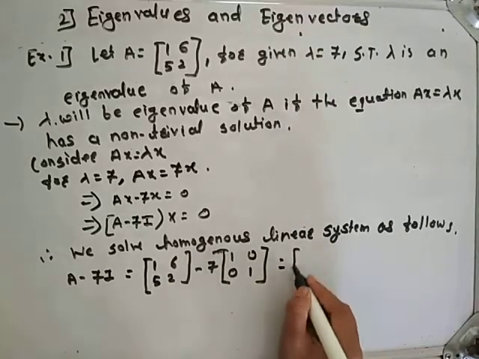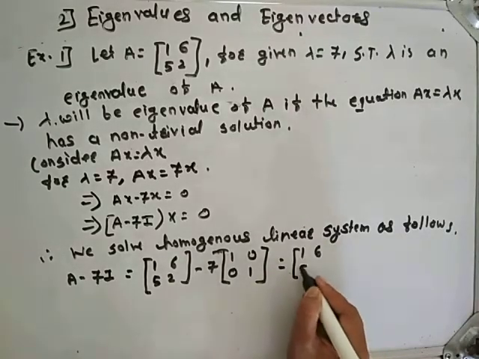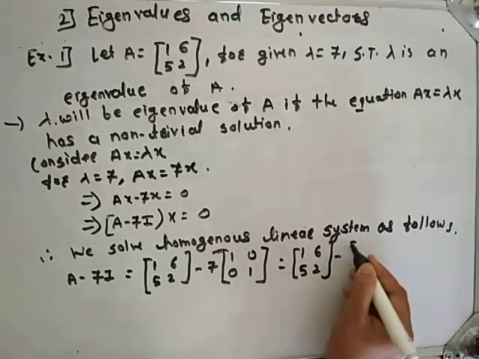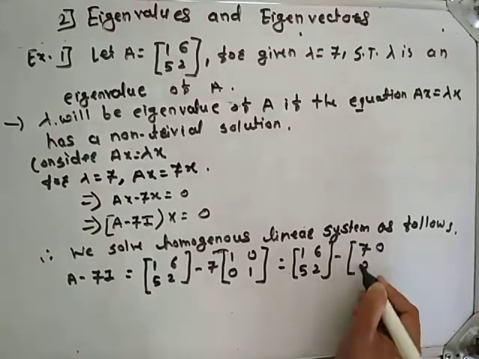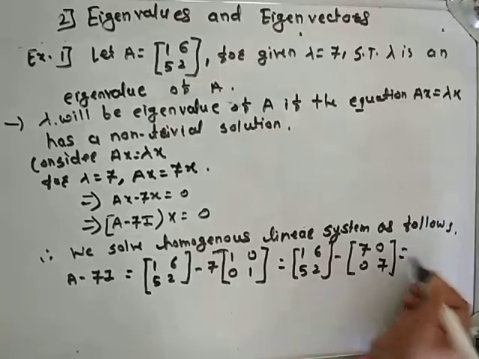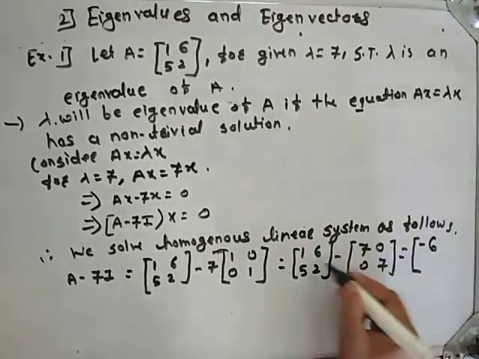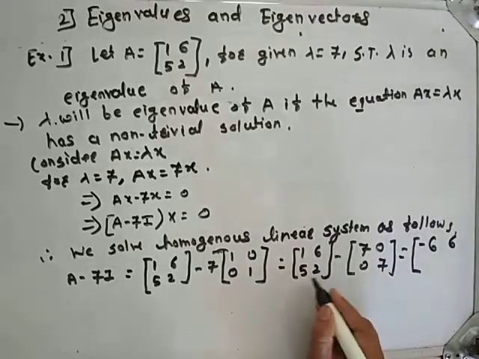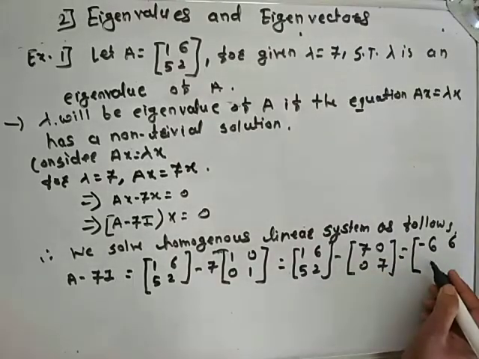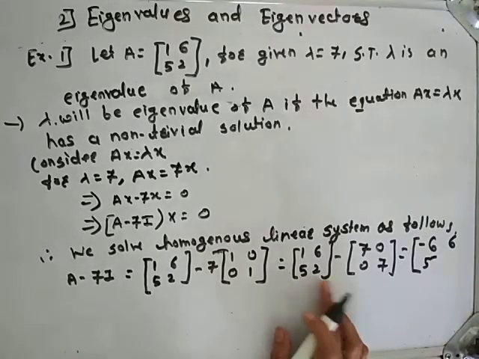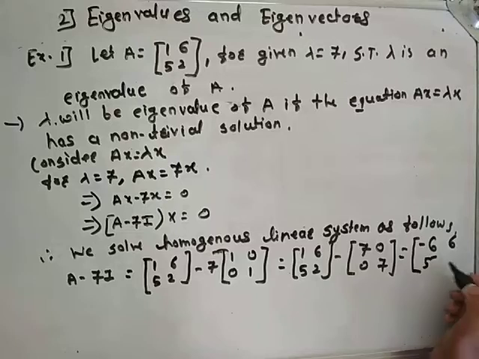This is nothing but the matrix 1 6 5 2 minus 7 0 0 7. Okay, this is nothing but 1 minus 7 is minus 6, 6 minus 0 is 6, 5 minus 0 is 5, and 2 minus 7 is minus 5. Okay.